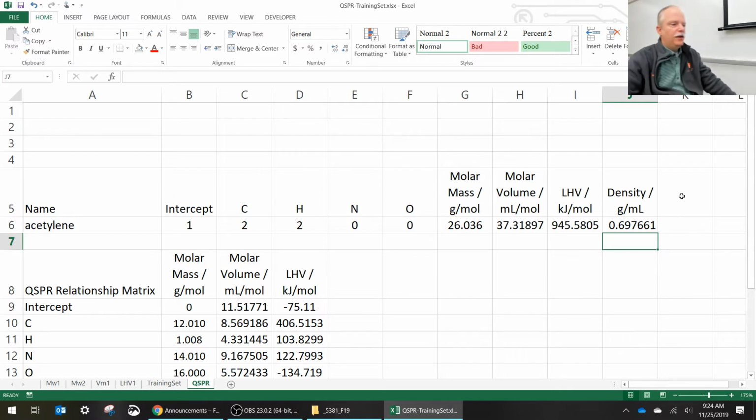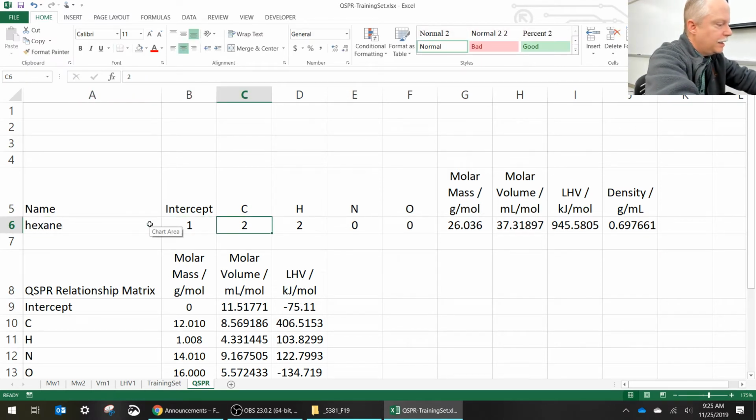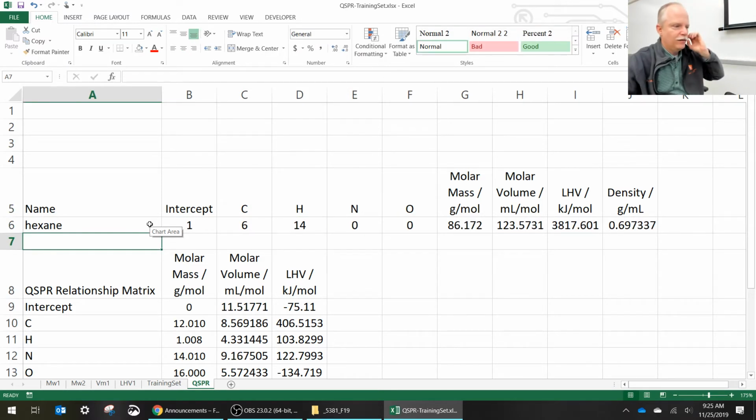You know, if you go to the gas station and you buy fuel for your car, let's do hexane. Let's make a typical fuel here, hexane. C6, H14. Okay, so there we have our molar mass, our molar volume, our heating value in kilojoules per mole, and density.